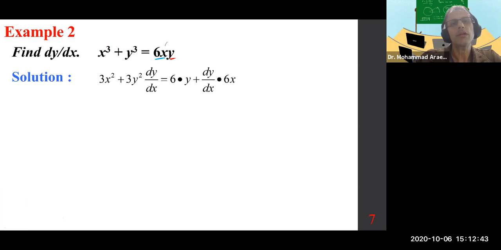if you want to differentiate this and write this as 6 times xy, just this part, the differentiation would be 6 times x gives you 1 times y, plus y gives you y prime times x.